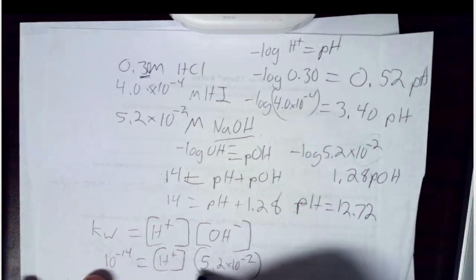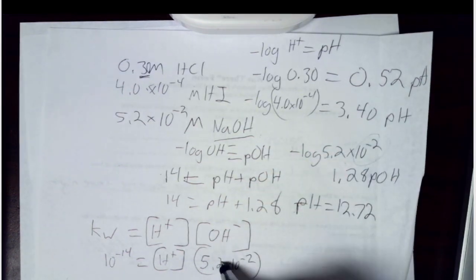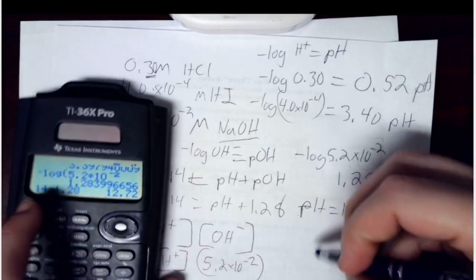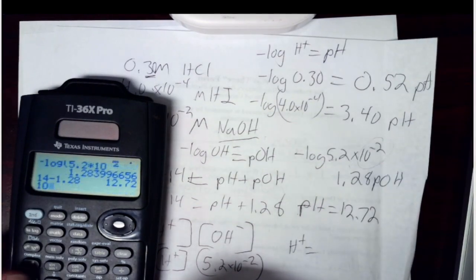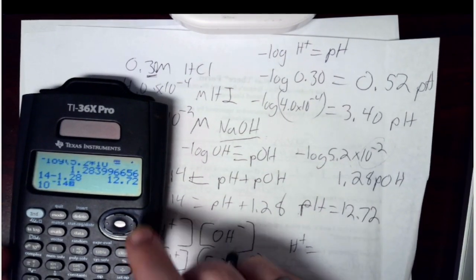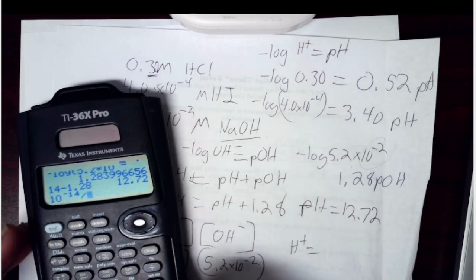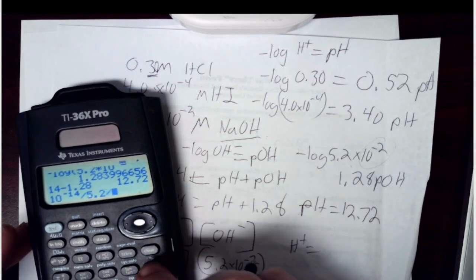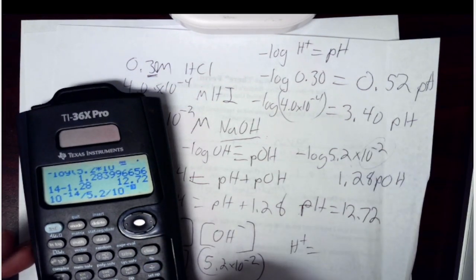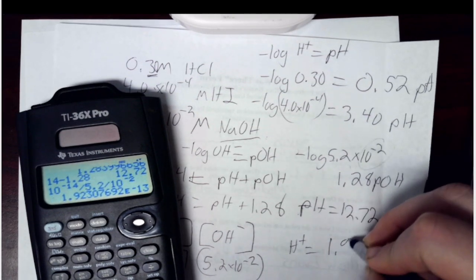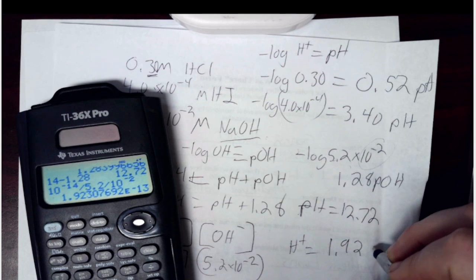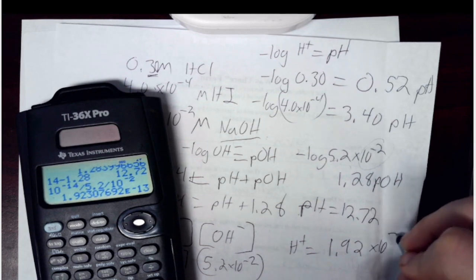So I have to divide 10 to the negative 14th by 5.2 times 10 to the negative second. And I get an [H+] concentration of 1.92 times 10 to the negative 13.